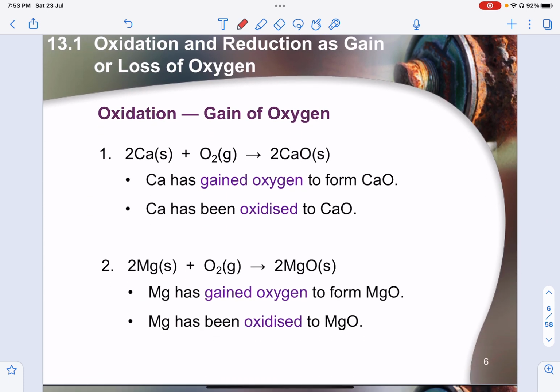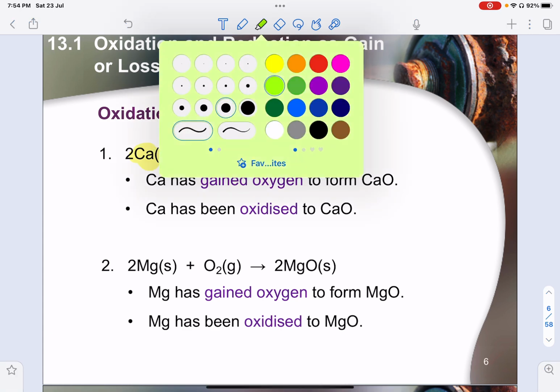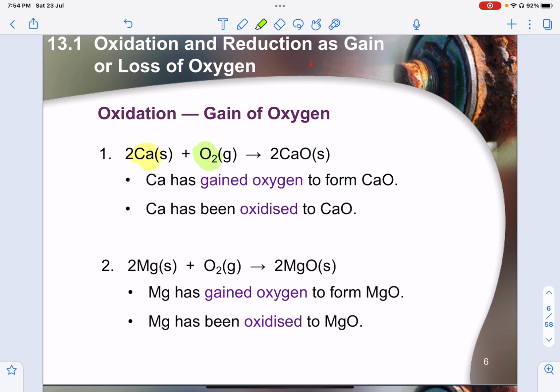So these are some examples in which we can look from the equation. Over here, we could see that we have an atom here, calcium, and they interact with another molecule, oxygen. Now, this plus indicates that this calcium and oxygen haven't combined into one molecule yet. So they are separate molecules, in which calcium is a separate atom.